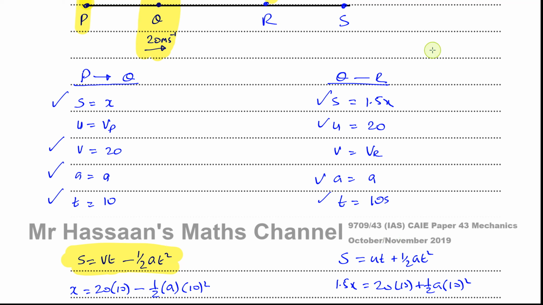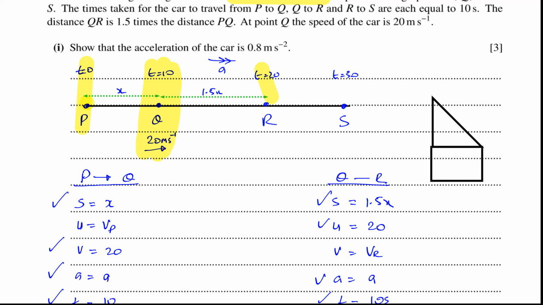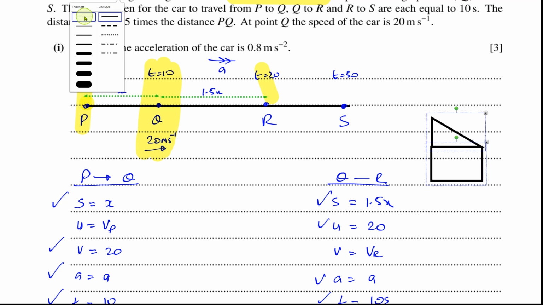So the UT represents like a rectangle. And this is like a triangle on top of it. We'll just switch it around afterwards. Just make it a bit thinner.